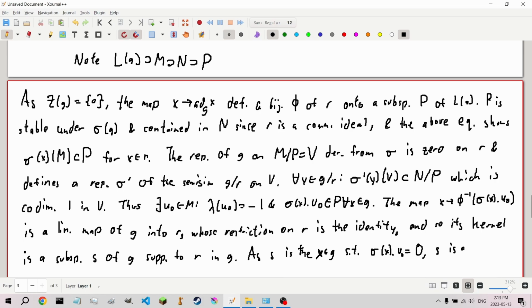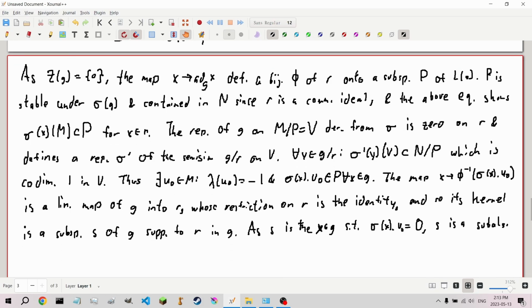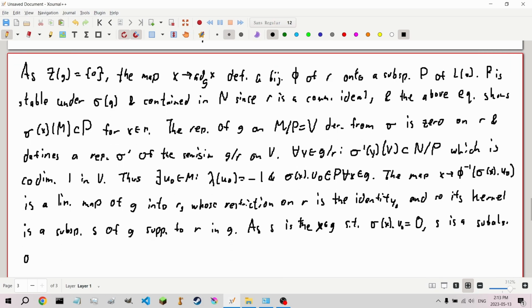S is a subalgebra of G, and therefore a Levi subalgebra of G.